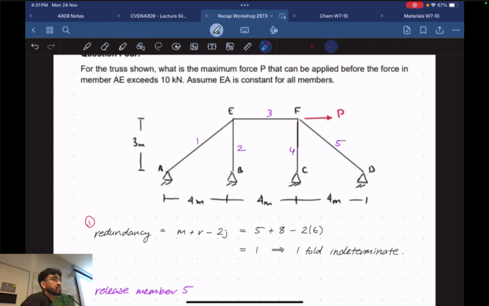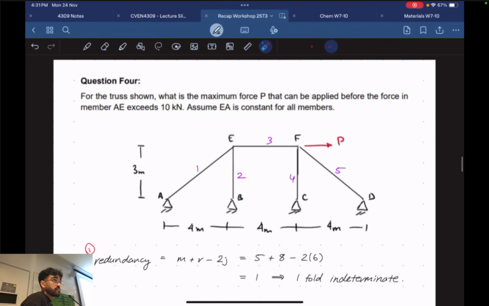Questions? No. Alright, cool. Now, because it's one-fold indeterminate, I'm going to have to release a member. In the case of trusses, what we do is release members. Alternatively, you can release a reaction or degree of freedom as well, but that's more so for frames and beams.